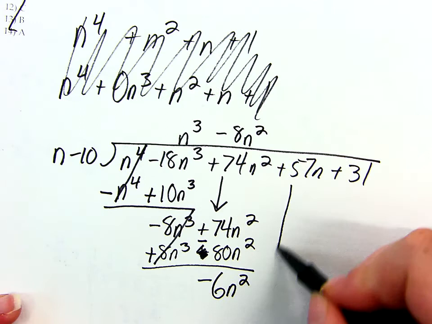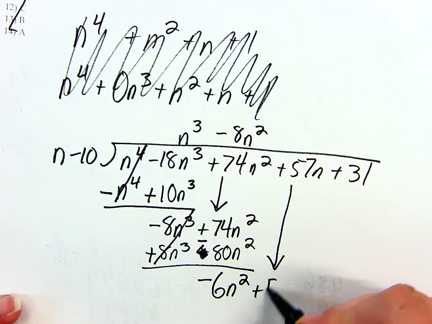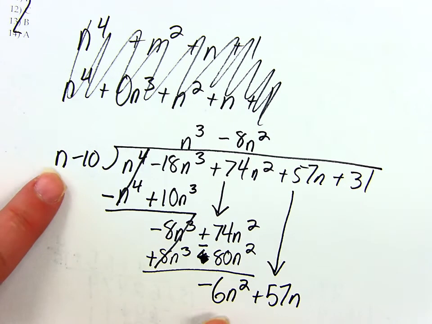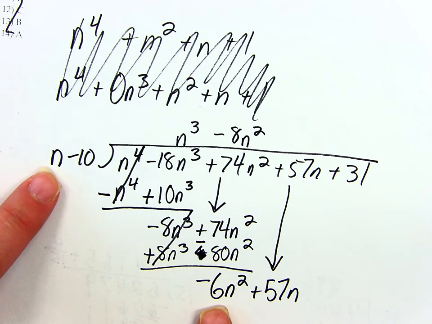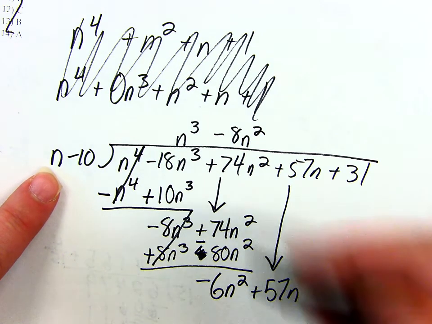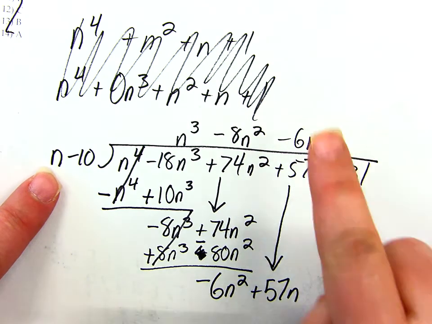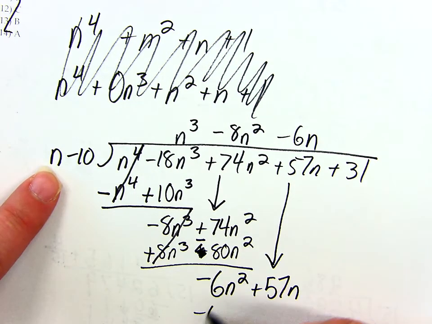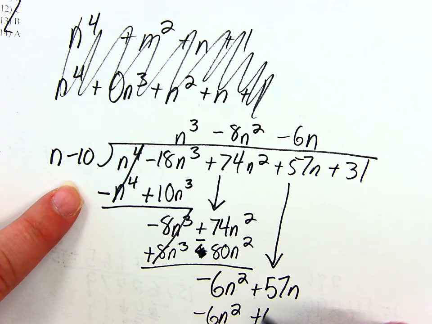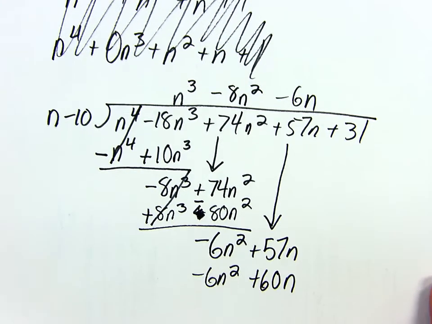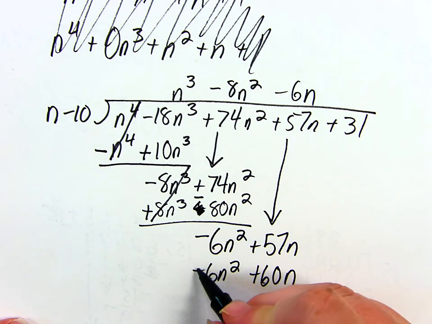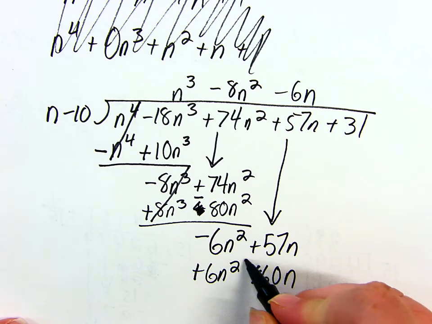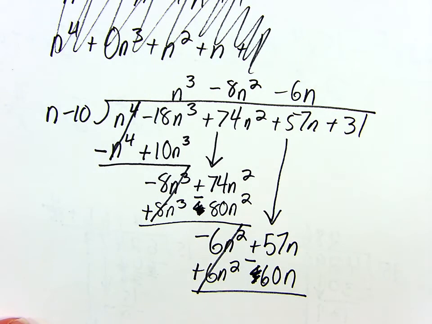And then you just keep repeating this process until you run out of numbers. What do you multiply n by to get negative 6n squared? Negative 6n, so that goes up on top. Multiply that by what's out in front. But then you need to subtract. So that turns into a plus, that turns into a minus, and it cancels just like it's supposed to.